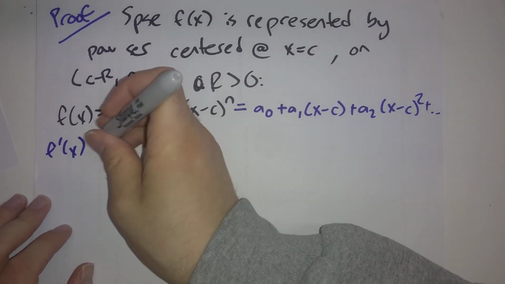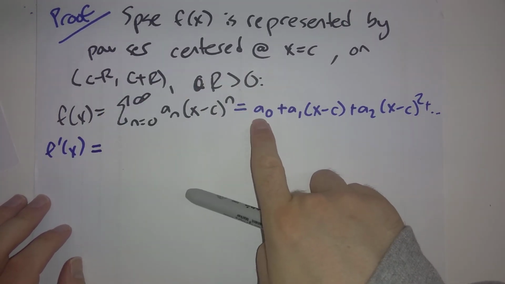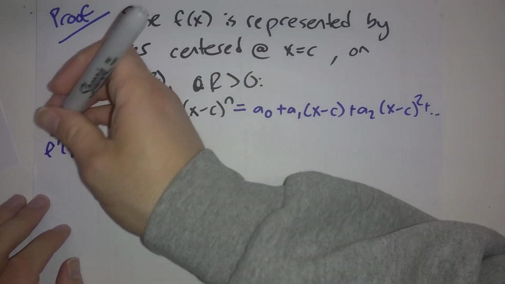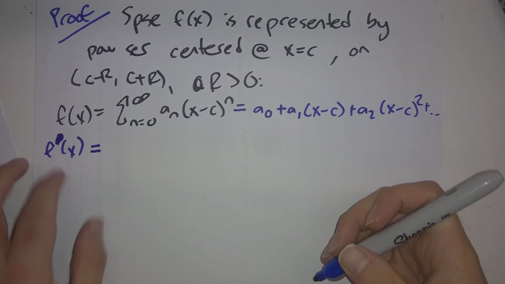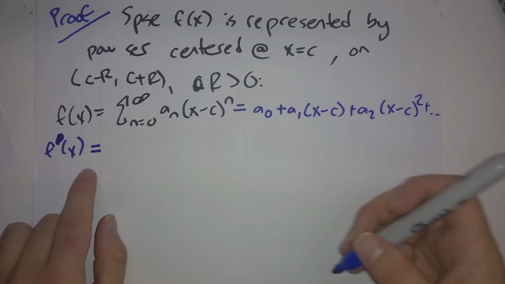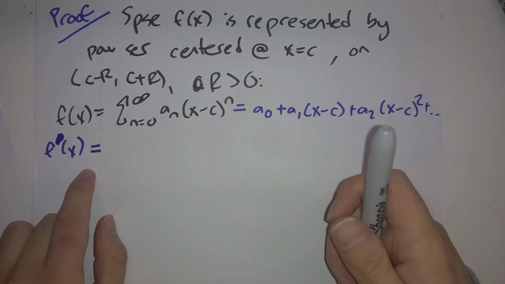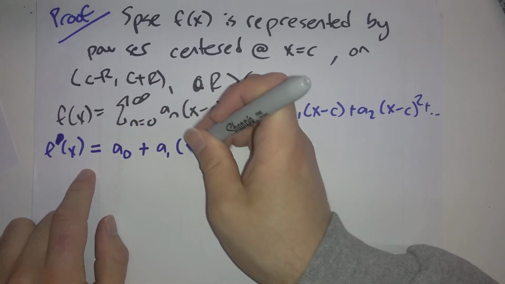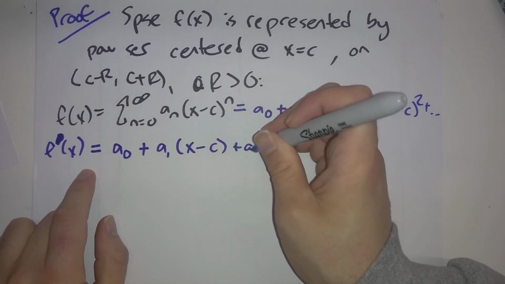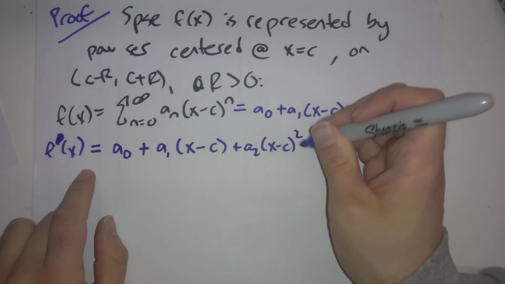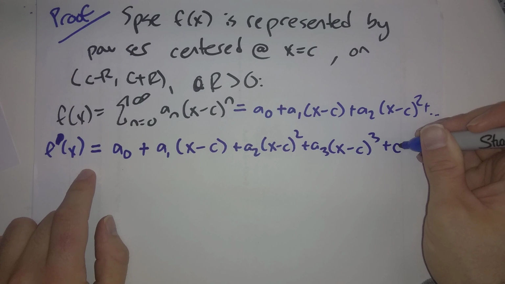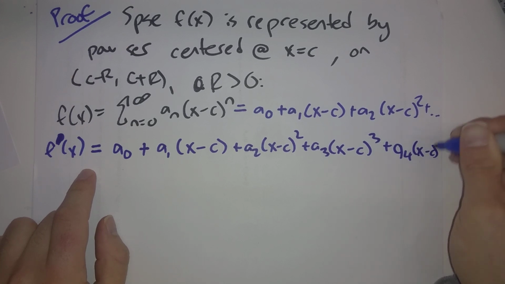Let me start off with just the regular function here: a naught plus a1 times x minus c plus a2 times x minus c squared plus a3 times x minus c cubed plus a4 times x minus c to the fourth.